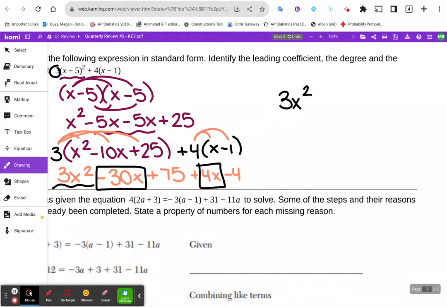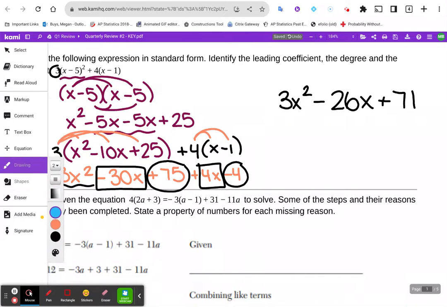That's going to combine with the positive 4x here. So we're going to end up with negative 26x. You're doing negative 30 plus 4 in your calculator. Remember, you're excluding the x from your calculation, because then we'll get something wonky. And then we have positive 75 minus 4 to get a positive 71.